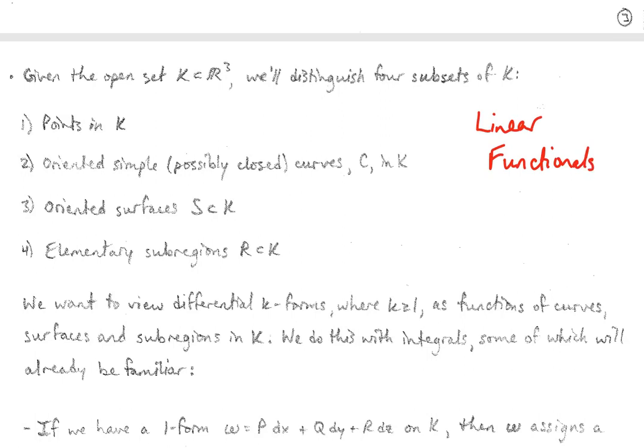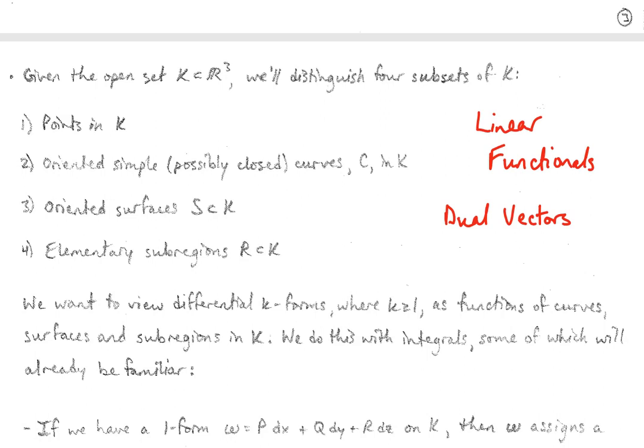So they're called linear functionals, or you'll hear the phrase dual vectors. If you go on to study more linear algebra, you'll learn more about dual vectors and the dual space, and you'll get into more of the theory of what these things are. So this is as deep into linear functionals and dual vectors as we're going to go here.